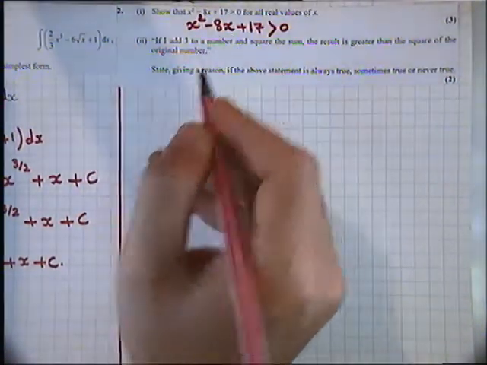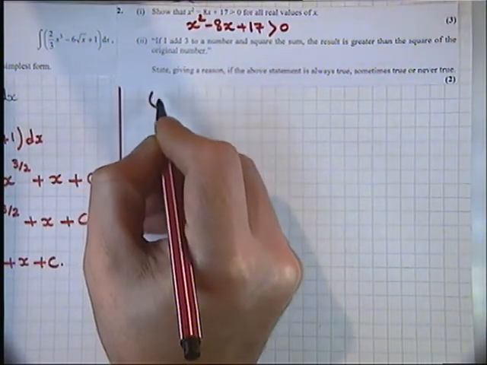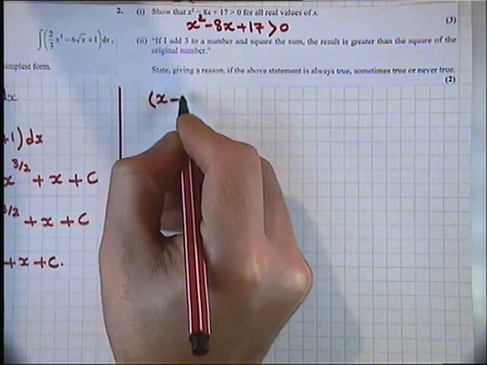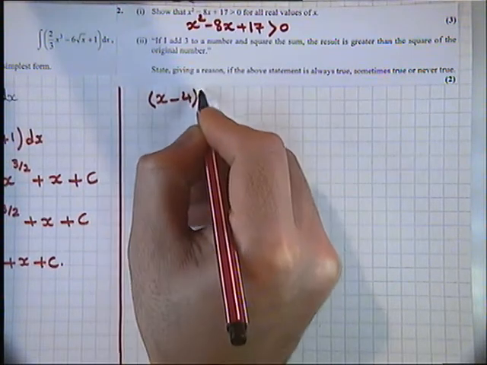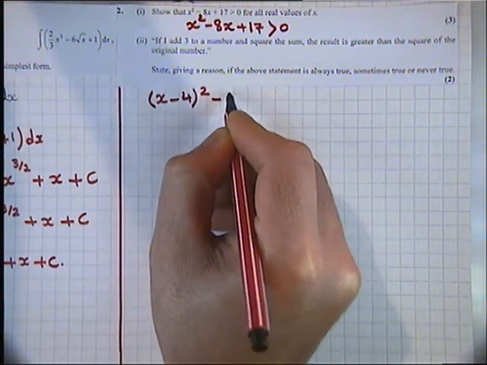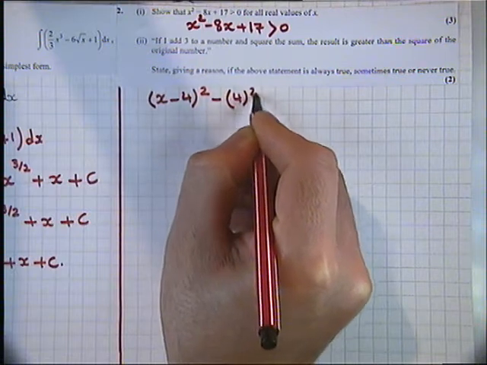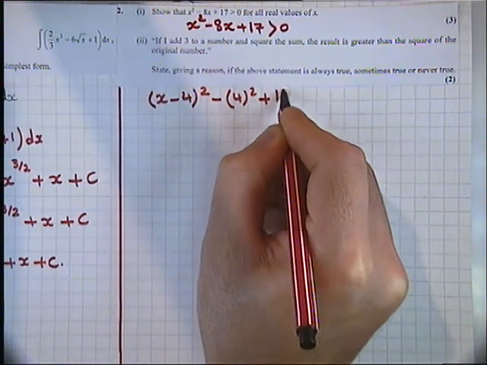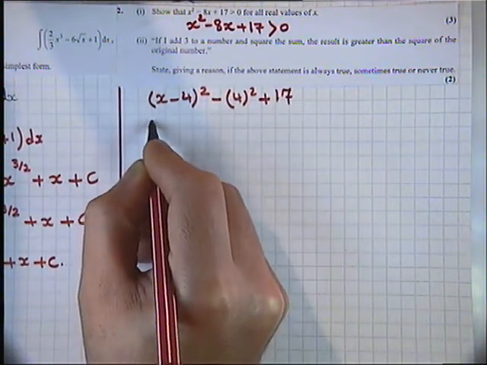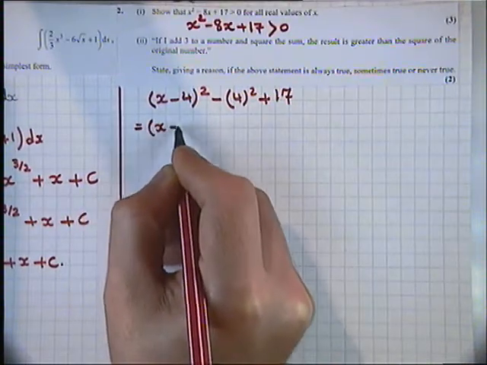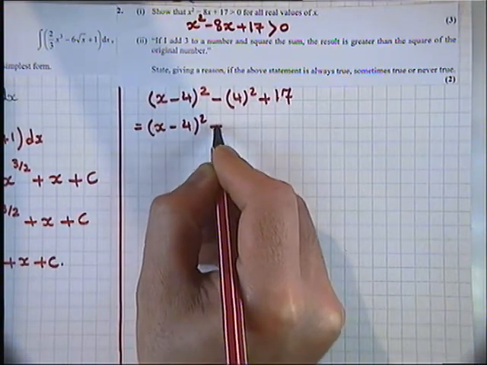x squared minus 8x plus 17, so we could write x minus 4 all squared minus 4 squared plus 17, which becomes x minus 4 squared add 1.